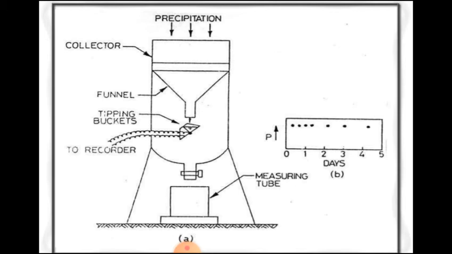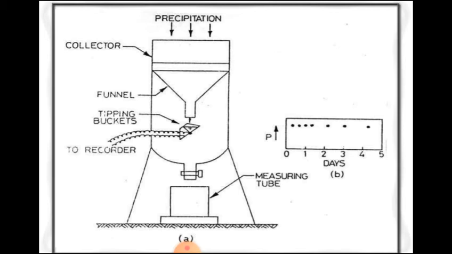If you have moderate elevation, for example 1000 meters elevation, then we may need 3 to 4 rain gauges in a 1000 square kilometer area, because the spatial variation of rain is likely to be more in those areas.